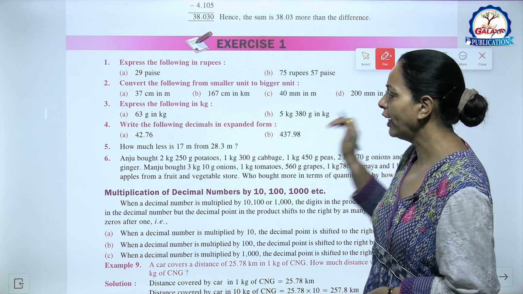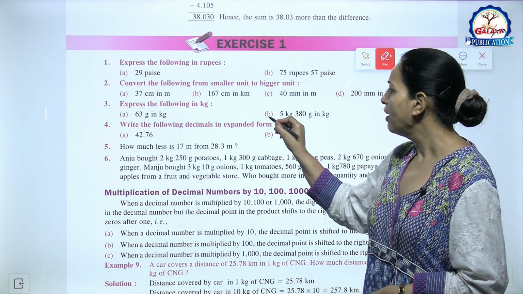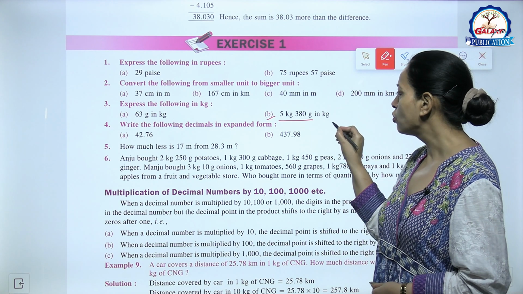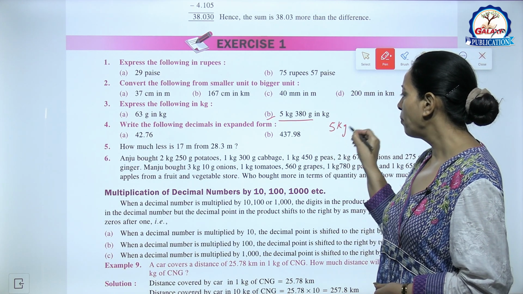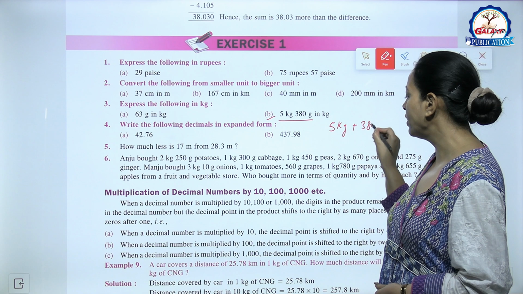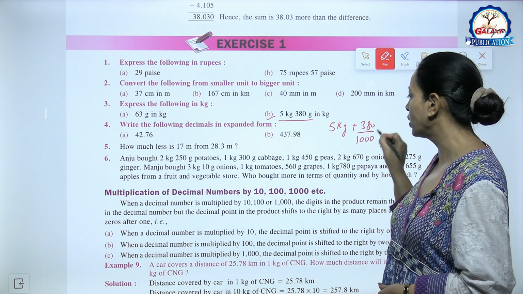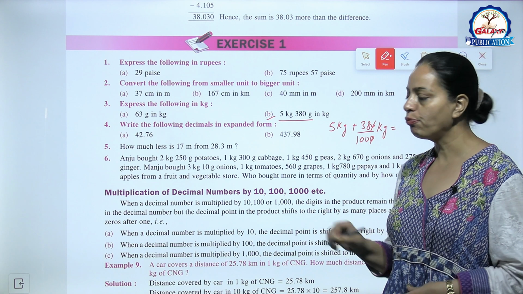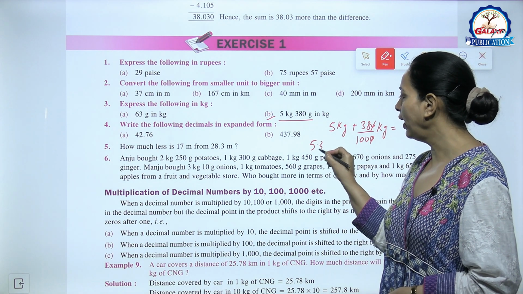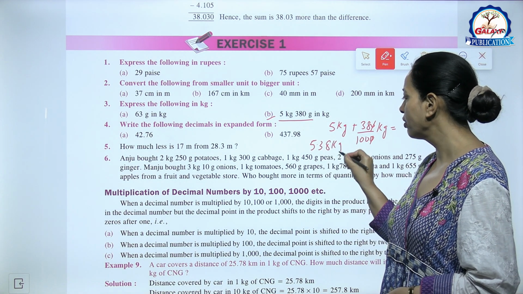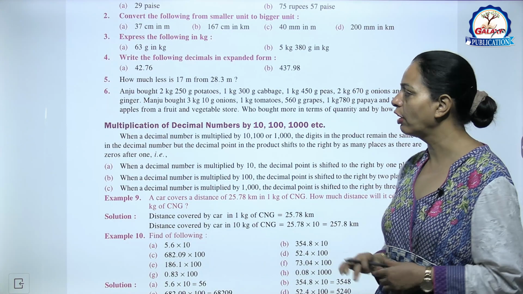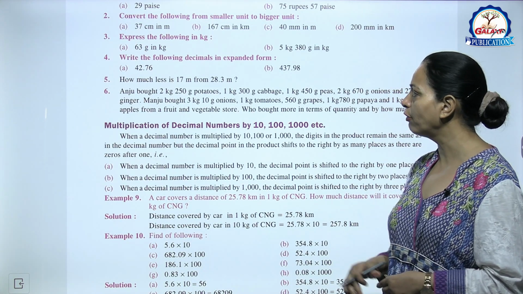The third one, express the following in kg. Like B part, 5 kg 380 gram in kg. So 5 kg as it is plus 380 divided by 1000. This is kg. So what will you get? 5.38 kg, right? Okay. Now the next, fourth question, write the following decimals in expanded form.